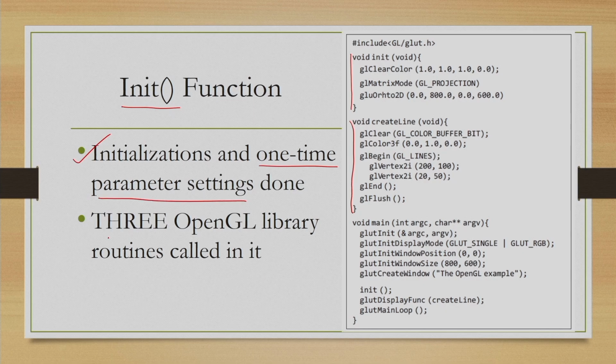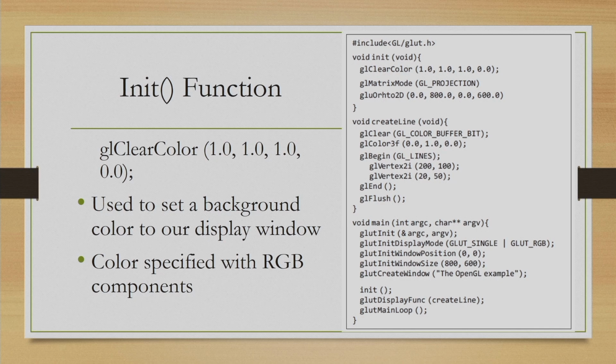In our function, we have used 3 OpenGL library routines. What do they do? One is glClearColor, the first one, with 4 arguments.